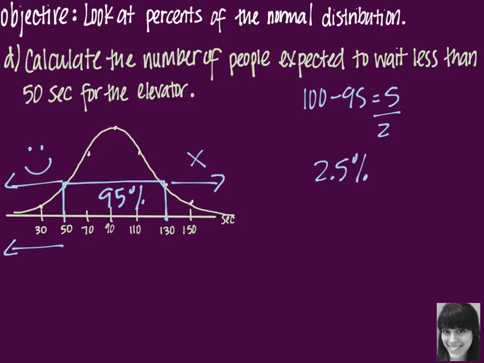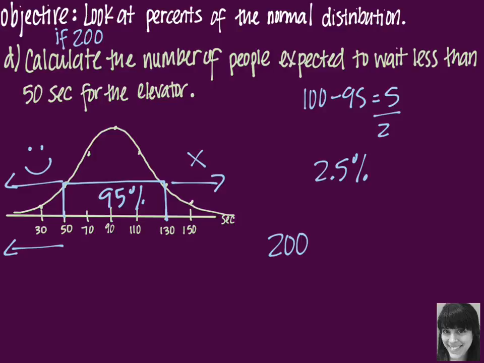Now, I want to know what that is of 200. Because that's how many people I'm trying to predict for. Calculate the number of people. Oh, I forgot to tell you, sorry. There's another part up here: if 200 people are waiting in line. I apologize.